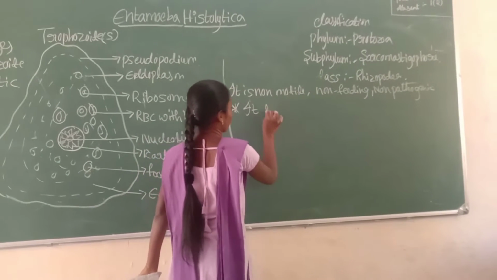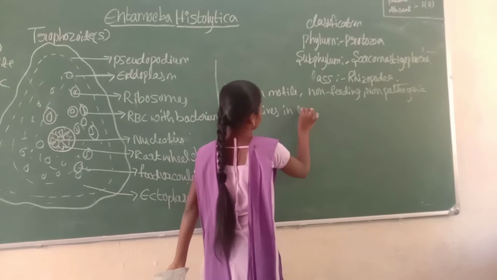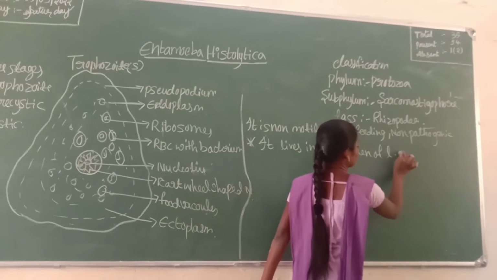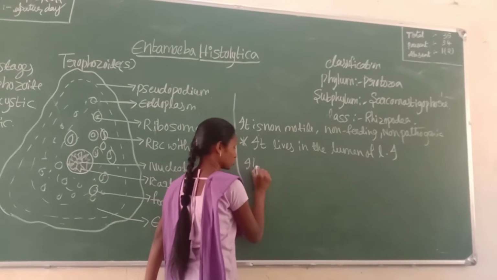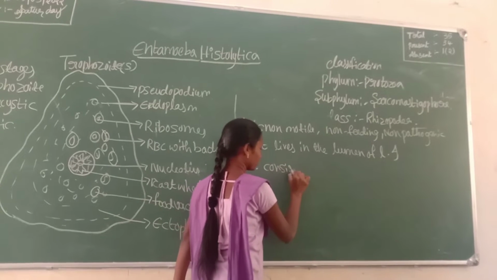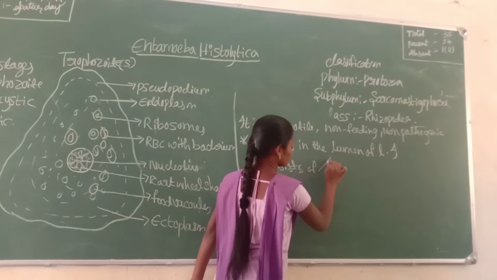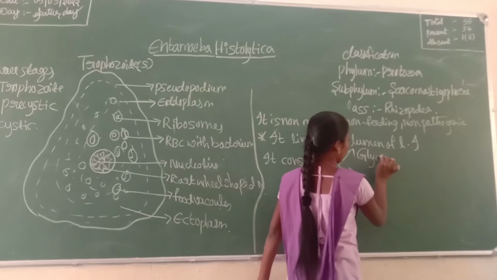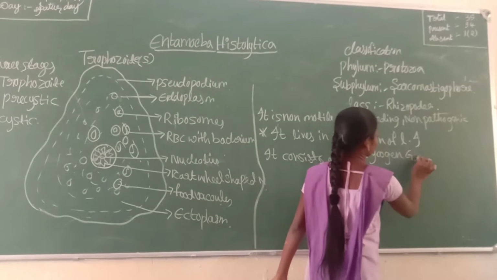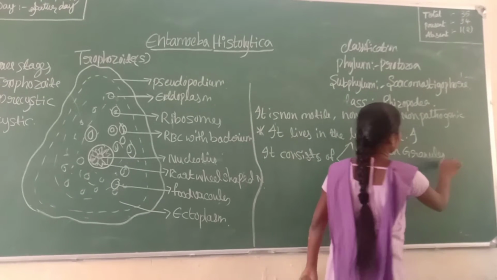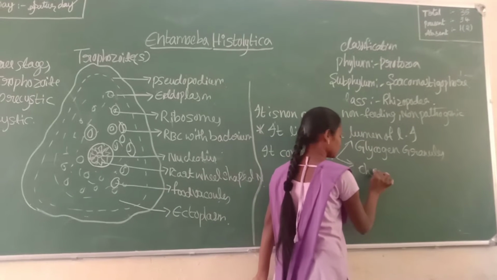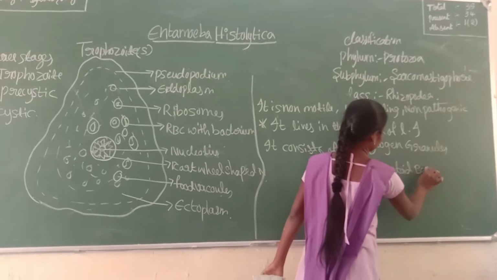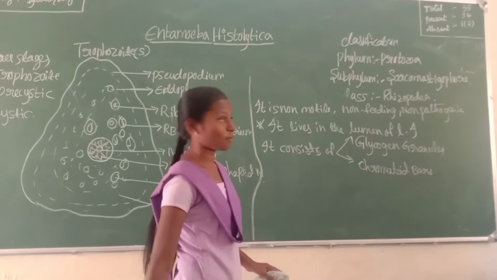It lives in the lumen of the large intestine. It contains two things: glycogen granules and chromatoid bars. This is the brief information about the precystic stage.